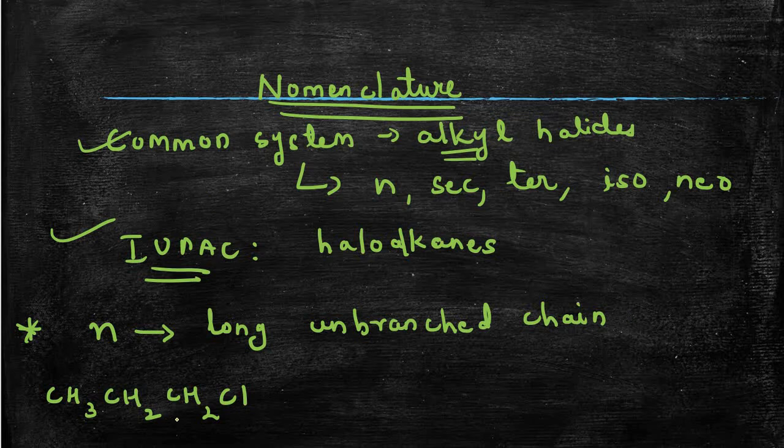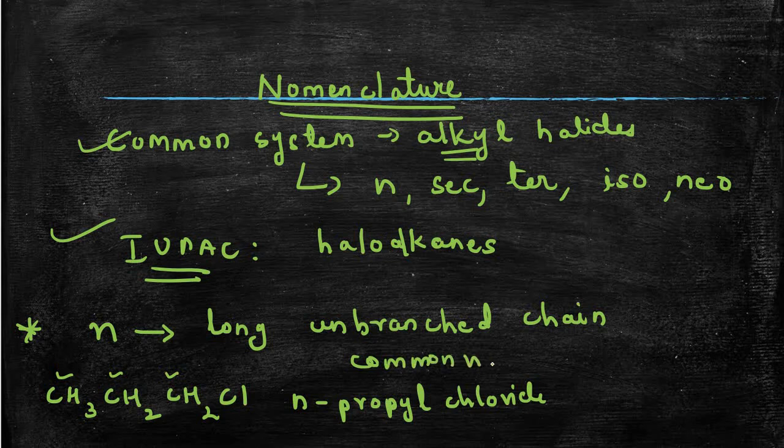So in the common system, you can see an example here. How many carbon atoms are there? 1, 2, 3. 3 carbon atoms are there. So the common name for this compound will be n-propyl chloride, because there are 3 carbons in the alkyl group. This is the common name, used when it is a long unbranched chain.